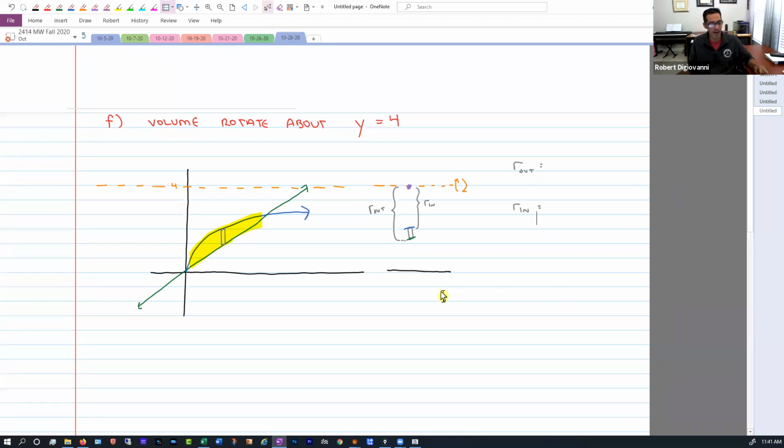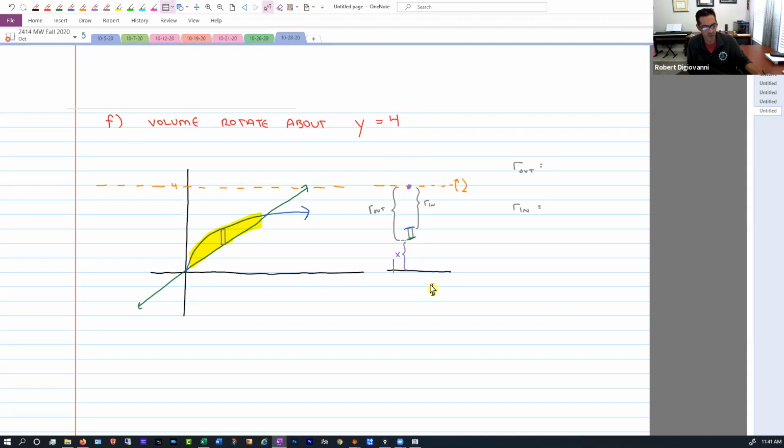But okay, so x is this distance, right? This distance from here to here is x. Do you agree? If I take that and I add 4 to it, won't I be way up here? I want this distance from here to here. Would it be 4 minus x?